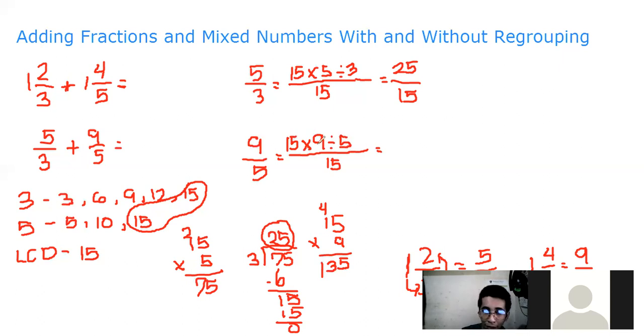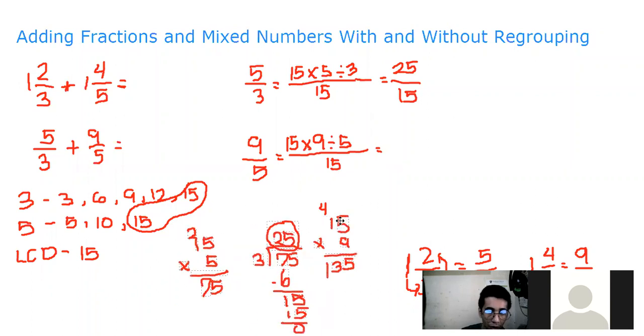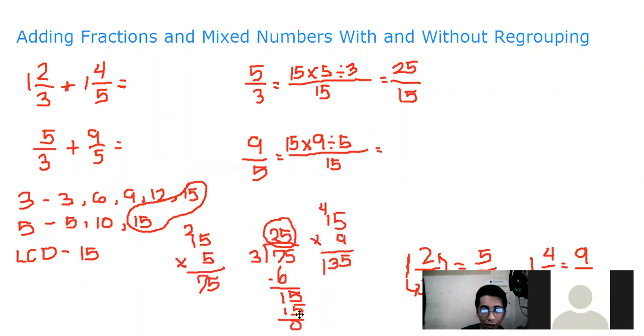So, 135, i-divide pa natin siya kay 5, kasi 15 times 9 pa lang yon. Meron pa tayong divided by 5. So, we have 135. I-divide natin siya kay 5.